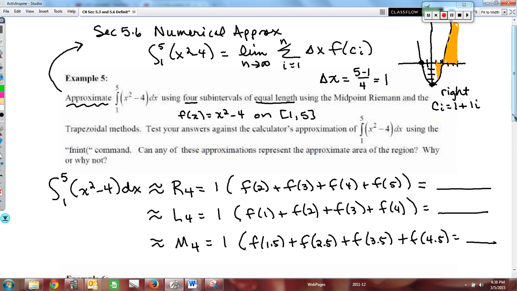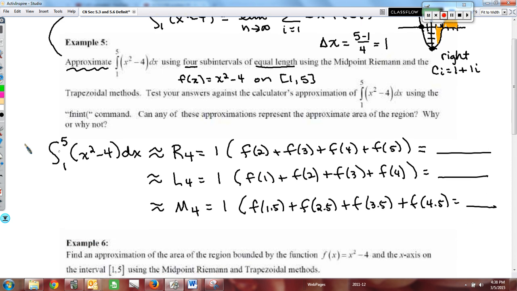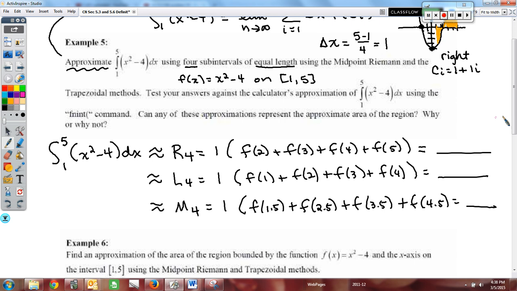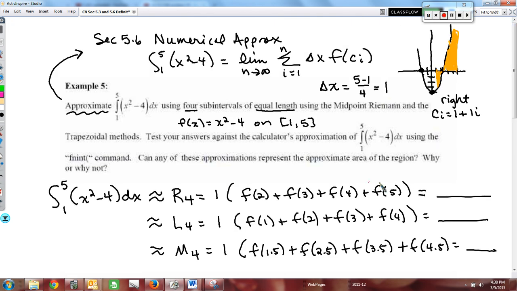And I could do this by hand, or because I know my summation notation, what am I going to type into the calculator for each one of these? I could just plug in 2, get the y value, get my answer for this. I'm not going to show you them all, but I'll just really quick say, if you have this formula like this and you do want to plug it in, you could plug, say, this right one in by doing your summation notation.